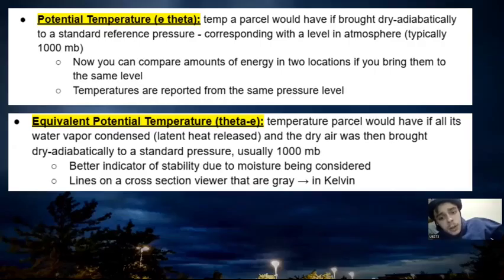So now we're able to compare amounts of energy in two locations. We're basically changing the temperature of something to make it apples to apples.